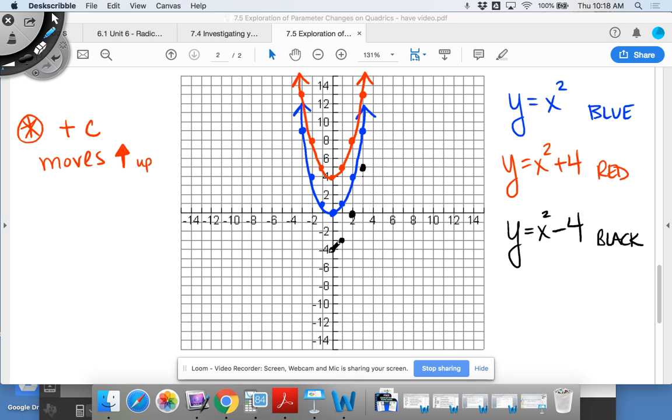And I could fit some more, but I'm not going to. And then I'm going to mirror it over here. So it kind of looks like the front of the boat, or maybe like a layered necklace or something. Over here, we're going to say negative C moves down.